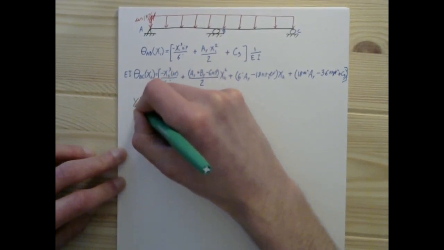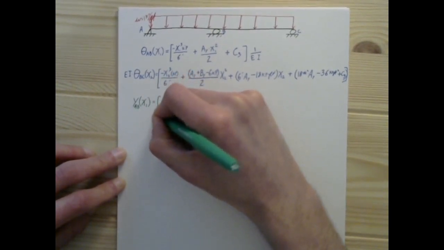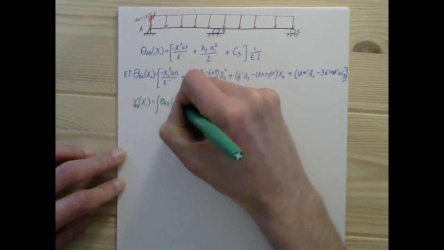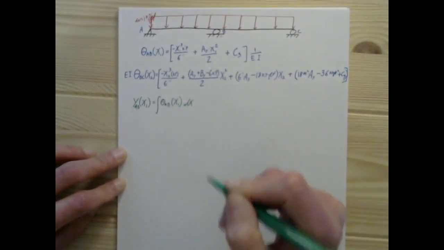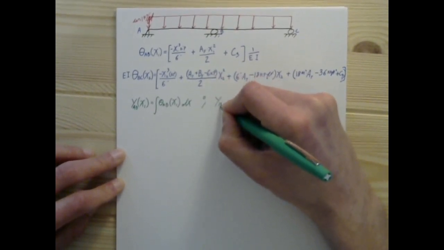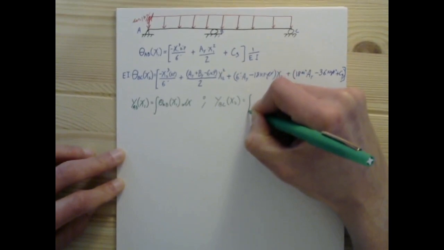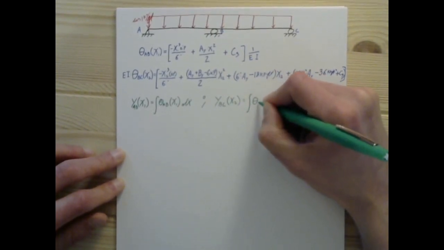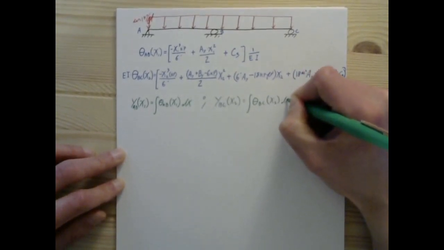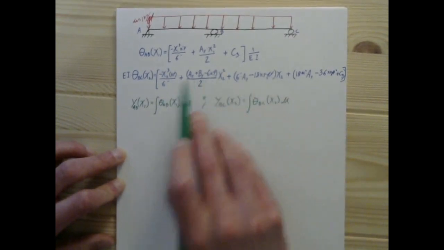From A to B, the deflection is going to be the integral of the rotation from A to B. And similarly, from B to C, the deflection is the integral of the rotation from B to C. So this first one will go down real easy, and this one will also be just as easy.